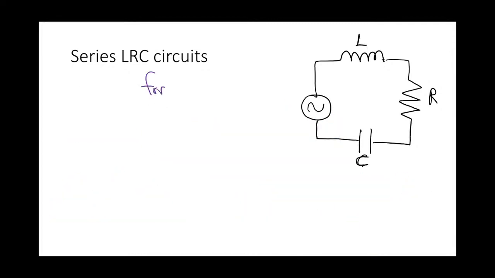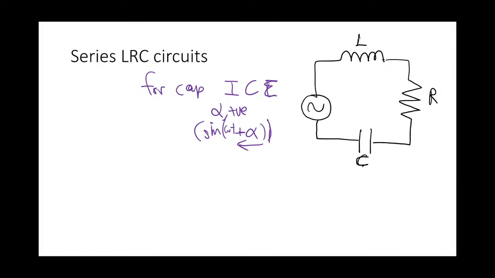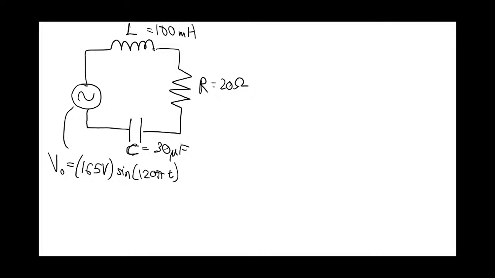So for a capacitor, we remember ICEman, so then alpha would be positive, right? Because a positive phase shift means shifting that way. So that's why some people use minus alpha to make things all work out. Okay, I know that was very messy. So let's do an example and we'll leave it at that.